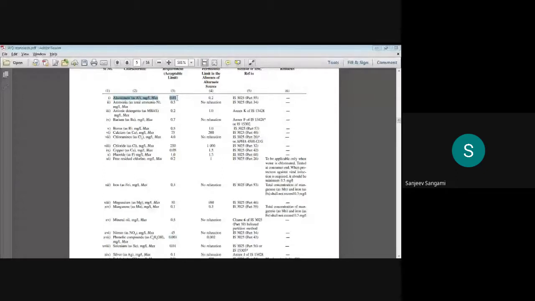Aluminium has 0.03, and calcium has 75. Both have the unit of milligram per liter. But see the values: aluminium is 0.03, and calcium is 75. It means calcium is not that harmful.